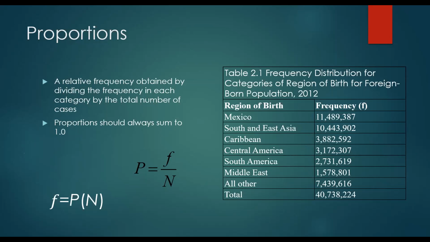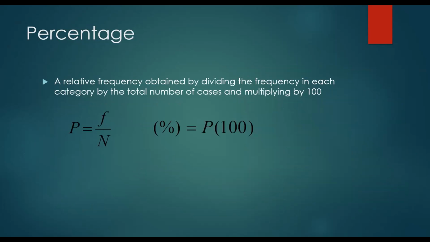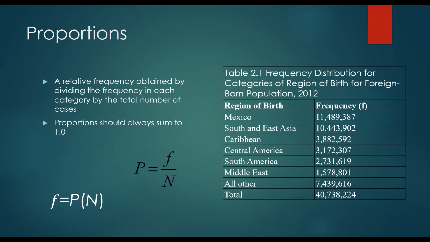Now, oftentimes proportions segue quite easily into percentages, which is taking your proportion times 100, right? Does it matter to me that the proportion for Mexico is something like, whatever those numbers were, a little less than a third, like 0.27?